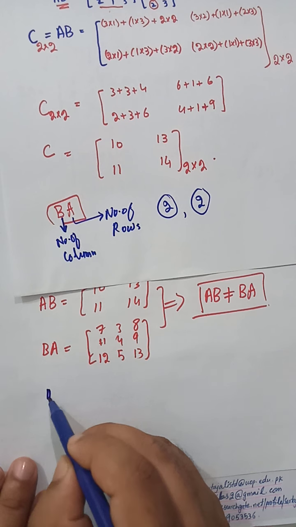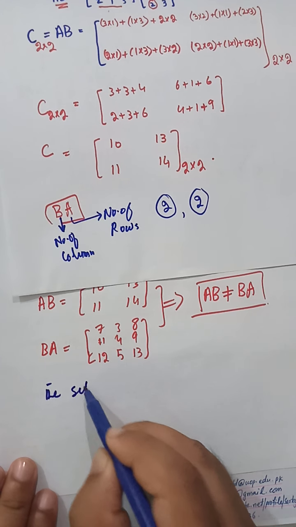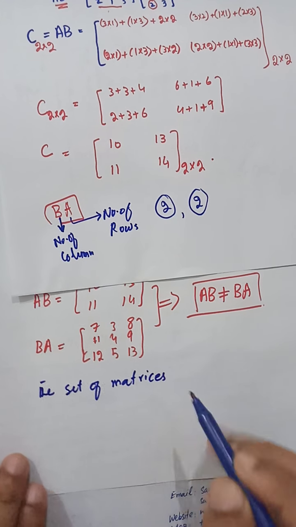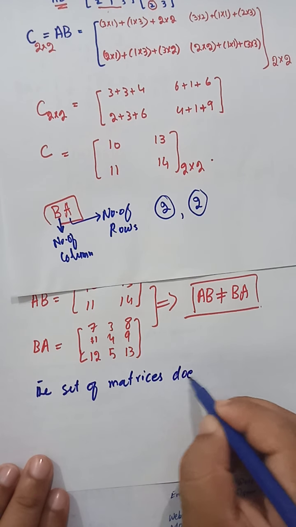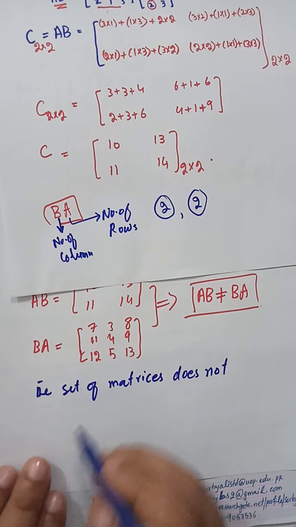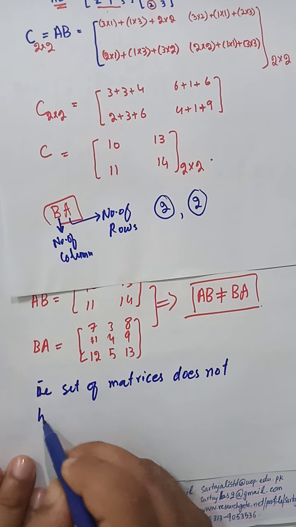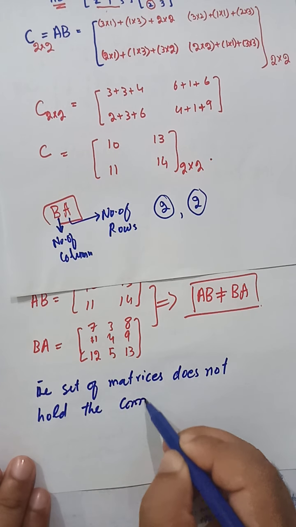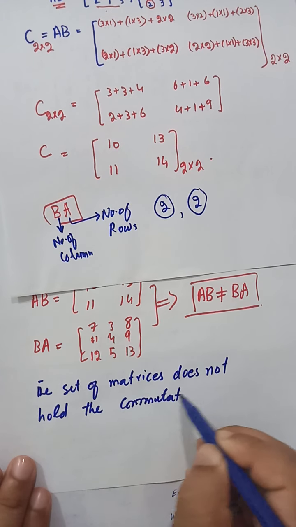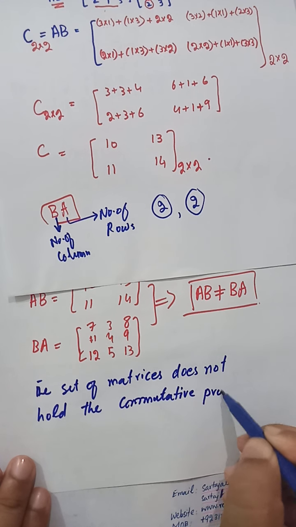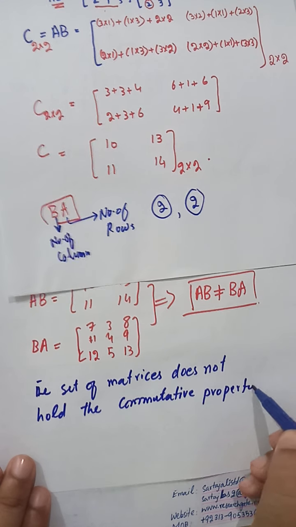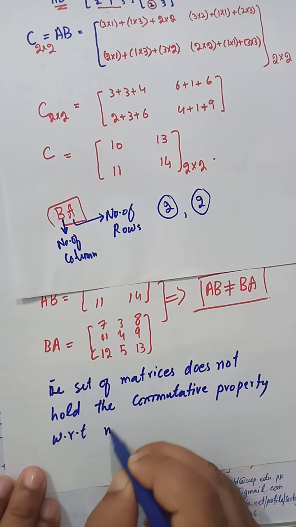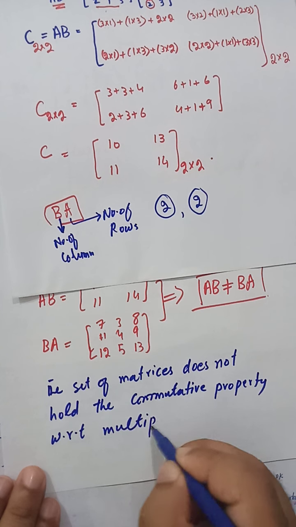So the set of matrices does not hold the commutative property with respect to multiplication.